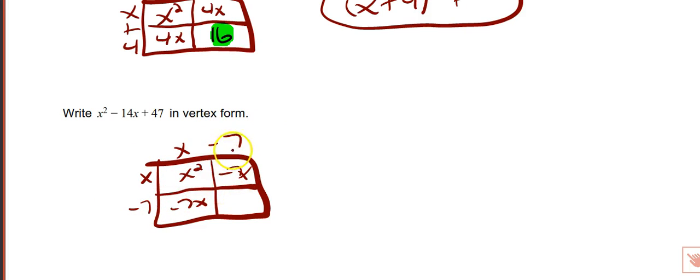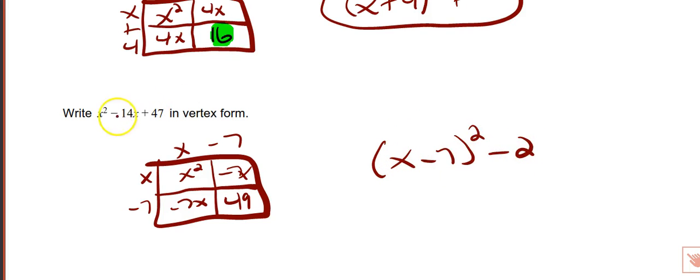And then if this is a perfect square, minus 7 times minus 7 is 49. Well, I don't want 49, I want 47. So I'm 2 too large, because 49 minus 2 is 47. So this is x minus 7 squared minus 2. That should be equivalent to the original quadratic I started with.